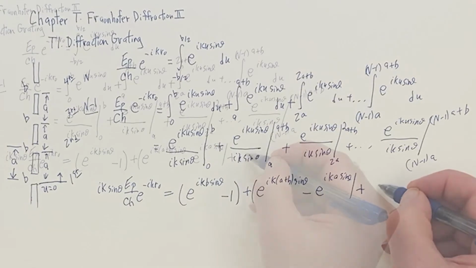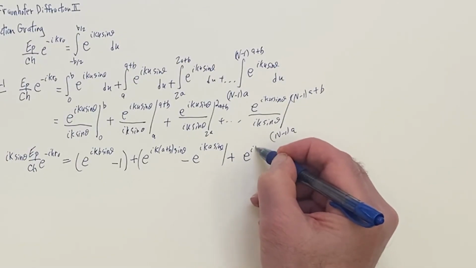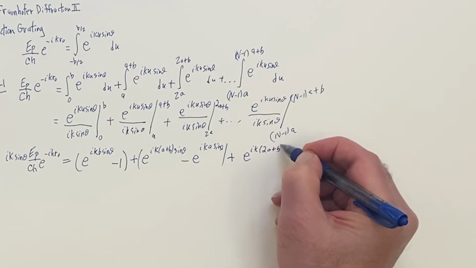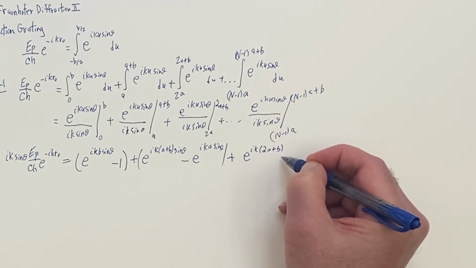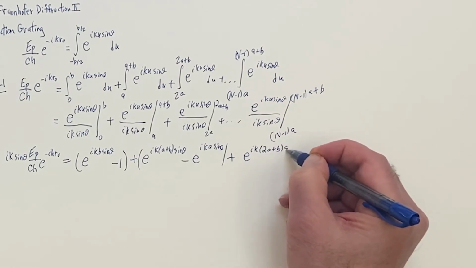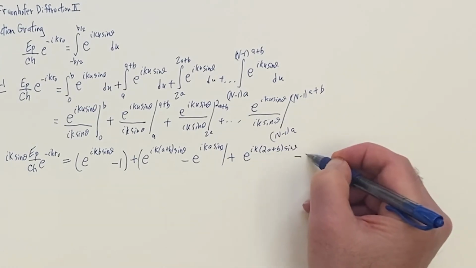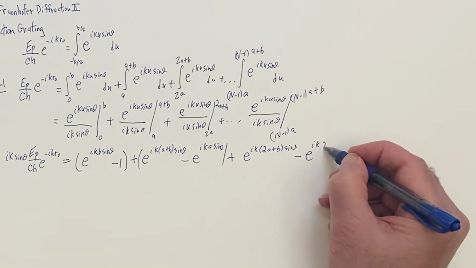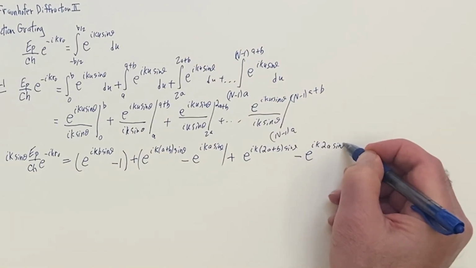Then the next one is going to be e to the ik, now I have 2a plus b, with sine theta in there. And I'm going to subtract e to the ik 2a sine theta at the bottom.